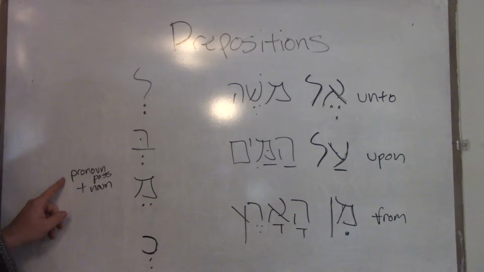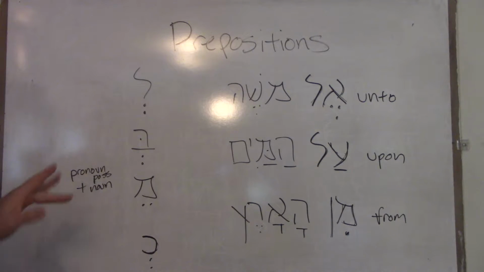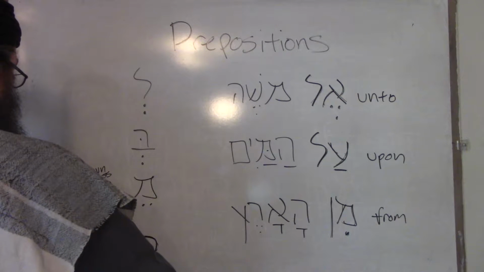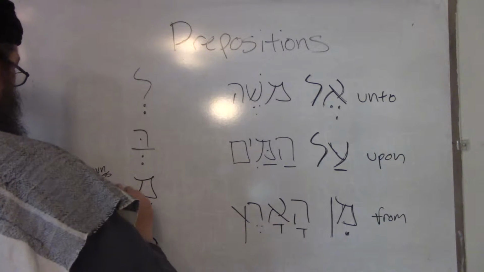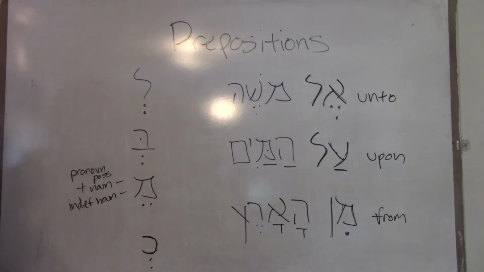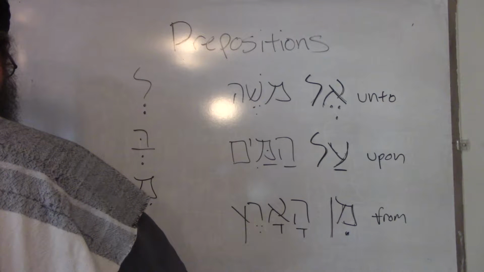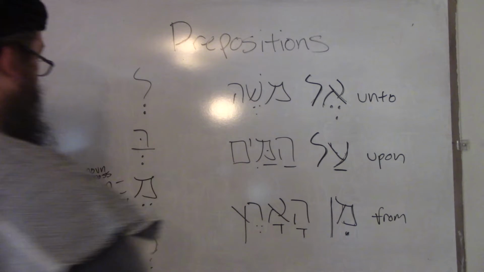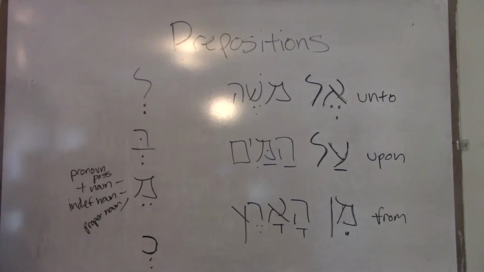If we have an indefinite noun, that is the secondary by which it's used. And of course, lastly, if we have a proper noun. That's the only way this mem is ever going to be used.